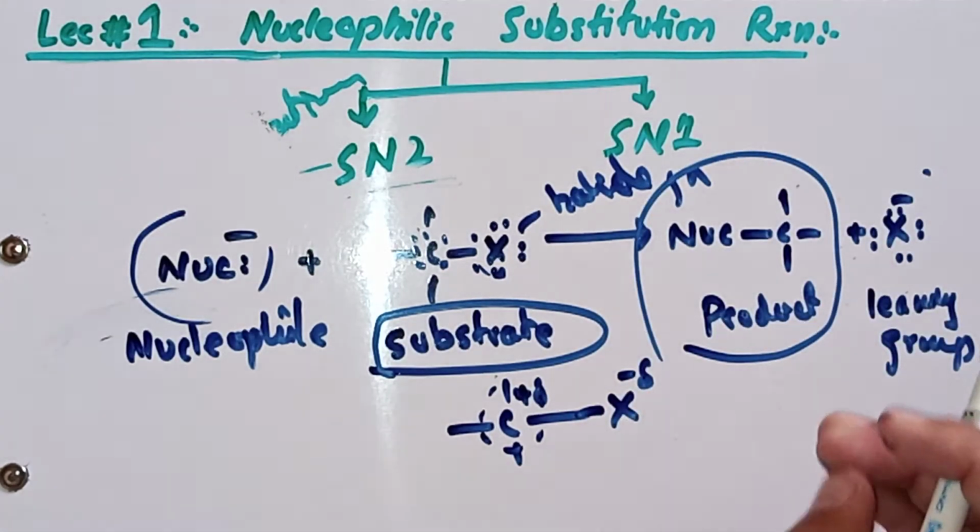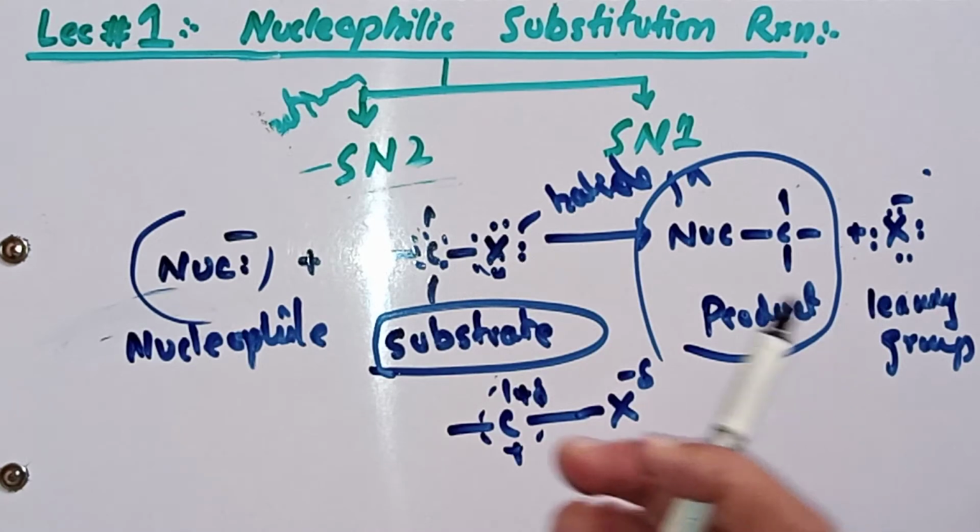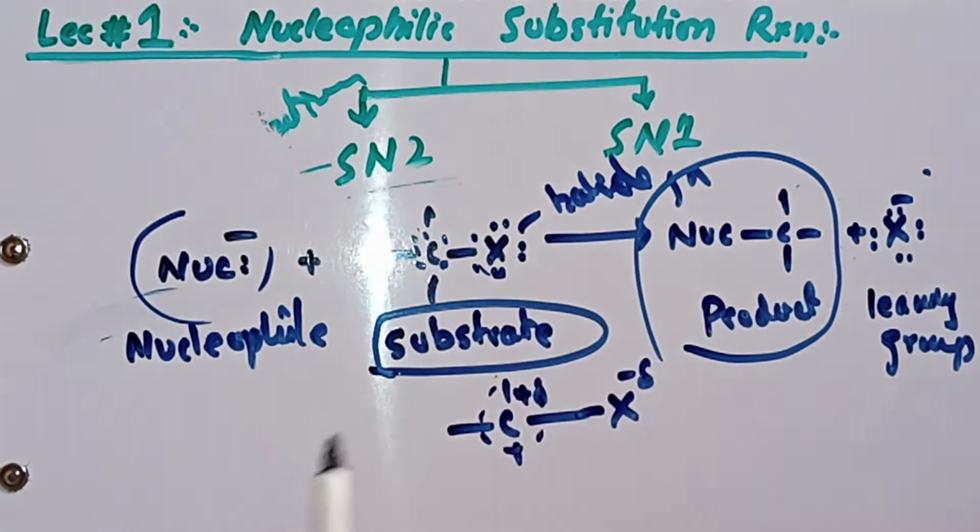Also the leaving group leaves the substrate. Is it clear? This is called nucleophilic substitution reaction.